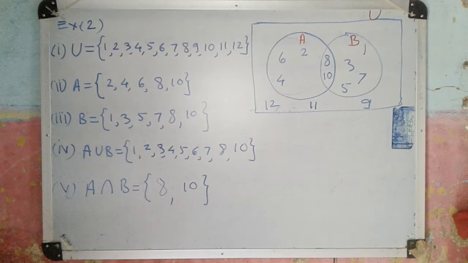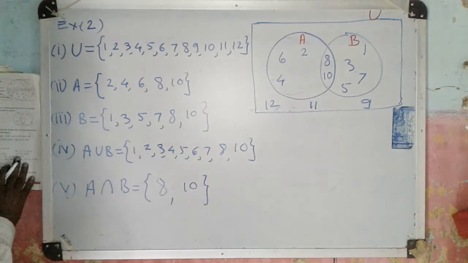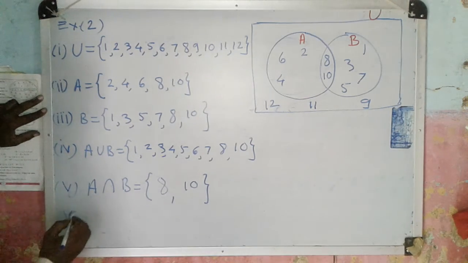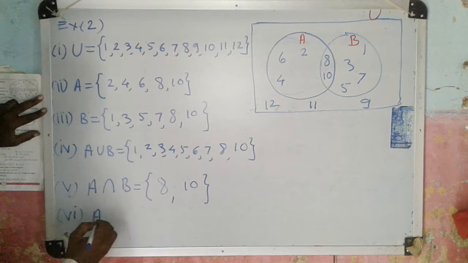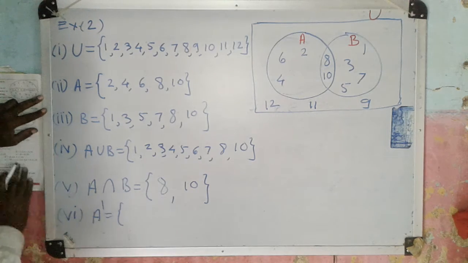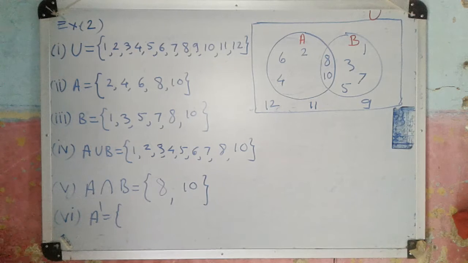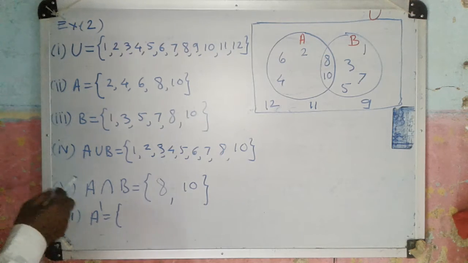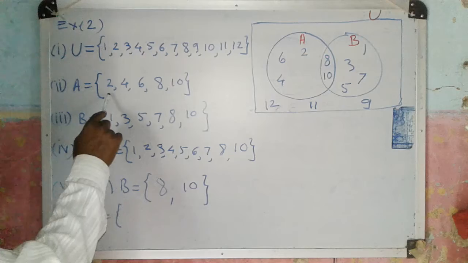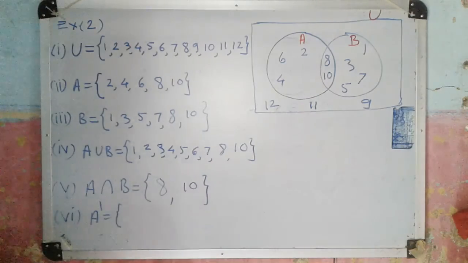Okay, now the next is the complement of A, that means A dash. The complement of A means the elements which are not in set A but they are in the universal set.